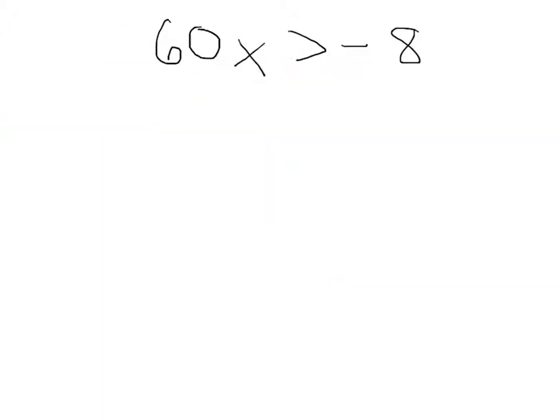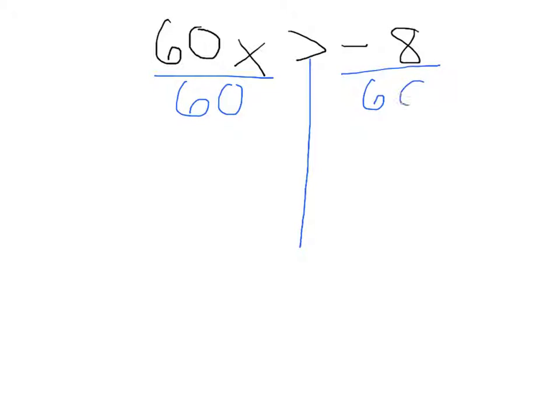Alright, next example. This one is a little tricky. Students often make mistakes on a problem similar to this. Well, when we want to solve it, we know that we have to divide by 60. And students will see this negative sign and say, oh my gosh, we're dividing and there's a negative, we have to flip the sign. But that is wrong, because you want to look at what number you're dividing by.